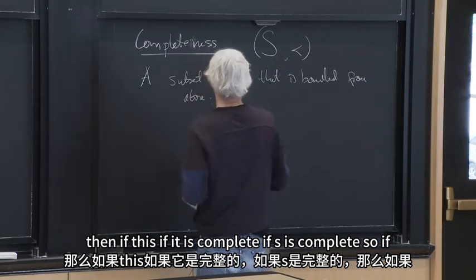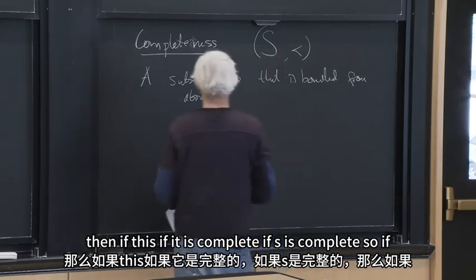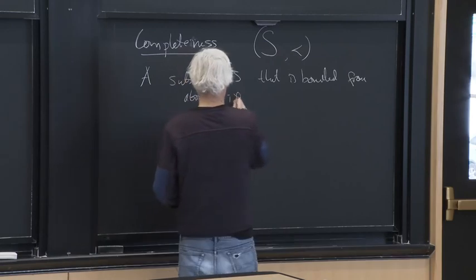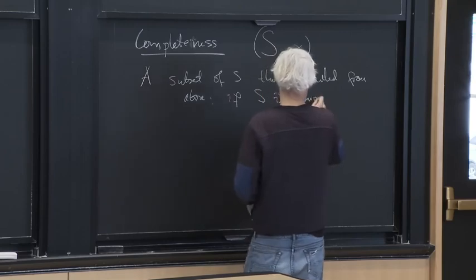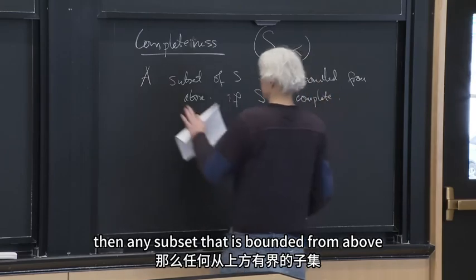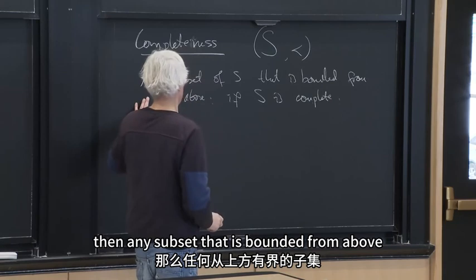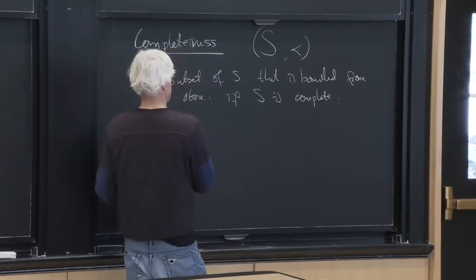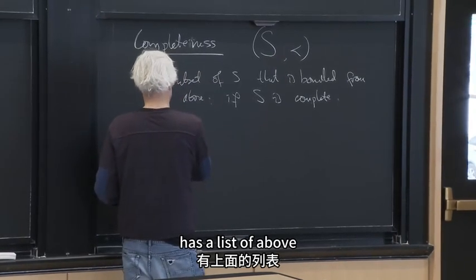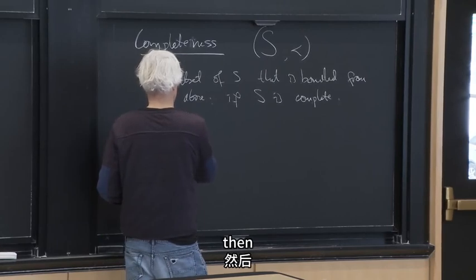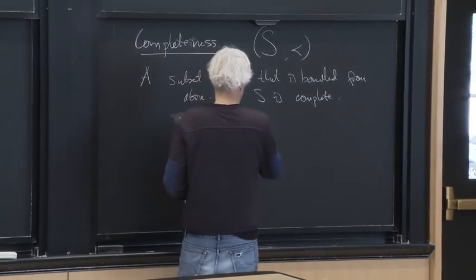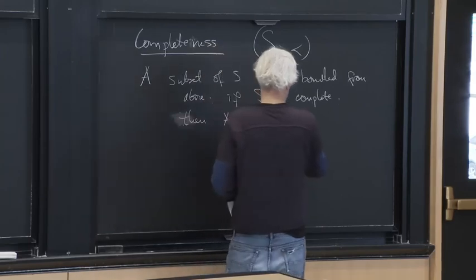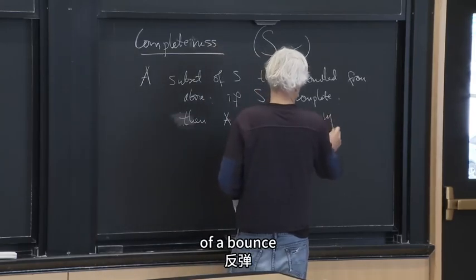If S is complete, then any subset that is bounded from above has a least upper bound. Then A has a least upper bound.